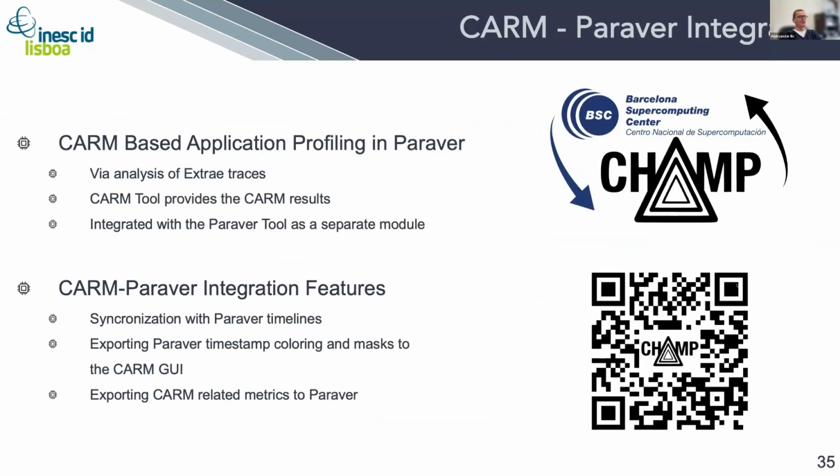In terms of the integration with the Paraver tool, it is integrated as a separate module, which means you have to have the CARM tool and Paraver installed, and then it will just appear from there. You can go there, and it provides the analysis via extracted traces. It provides full synchronization with Paraver timelines and timestamp coloring.